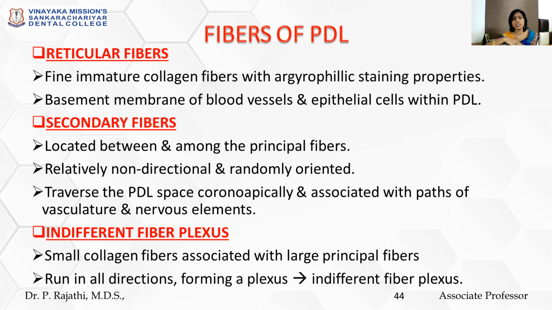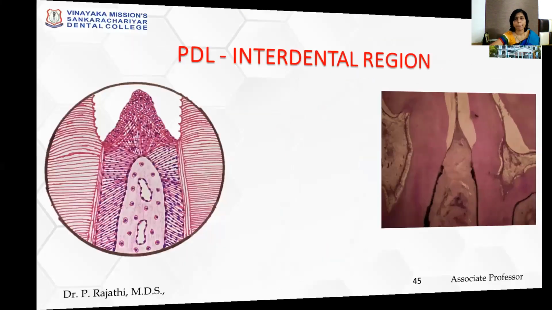And it is associated with parts of the blood vessel and of the nerve tissue. That is secondary fibers. So next one is the indifferent fiber plexus. These are nothing but the small collagen fibers that are associated with the large principal fibers that run in all directions and form a plexus, that you call the indifferent fiber plexus.